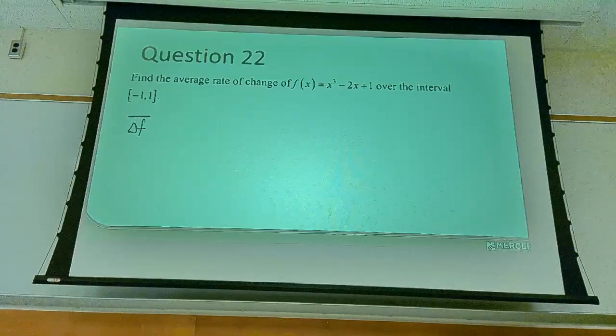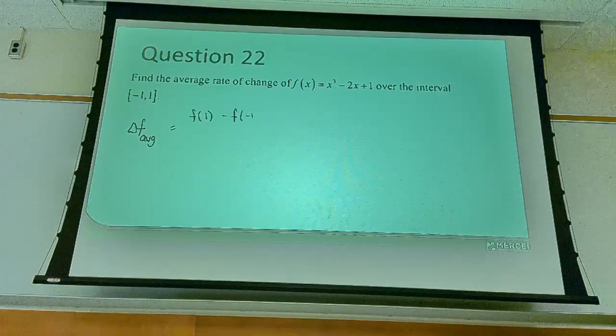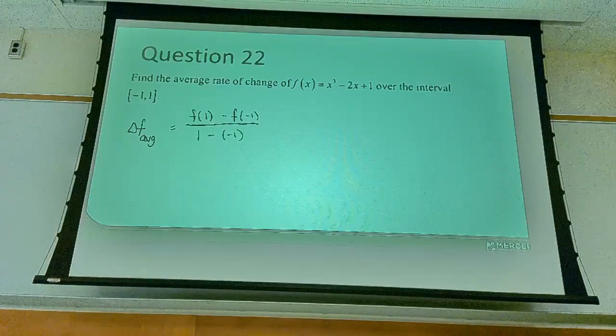Got to be careful, because I could argue that delta f bar means something different: find all of your delta f values and then find the average, which would be different. So I will stick with this notation. And f of x final minus f of x initial over x final minus x initial.